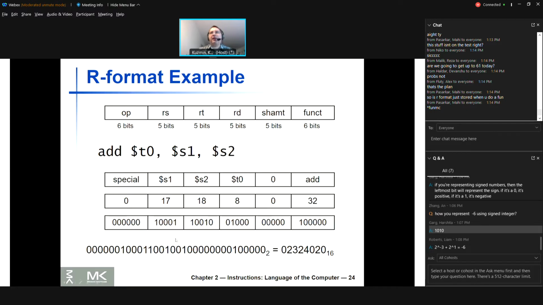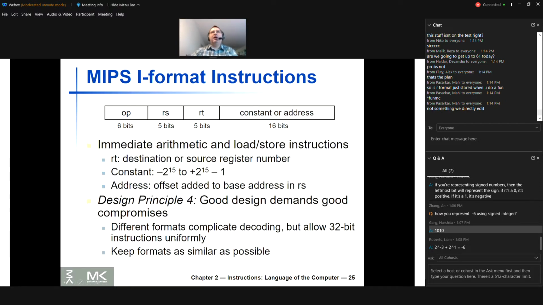Okay. And then we have I instructions. I stands for immediate, and that constant has to be stored. It's an immediate value, so it has to be stored as part of the instruction, and that's why we have 16 bits for it.